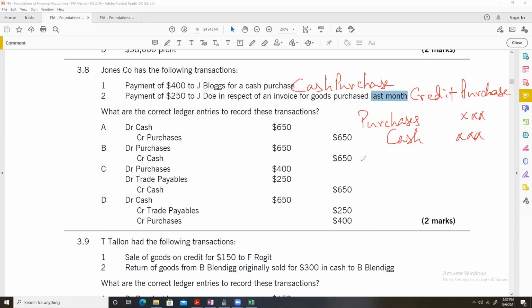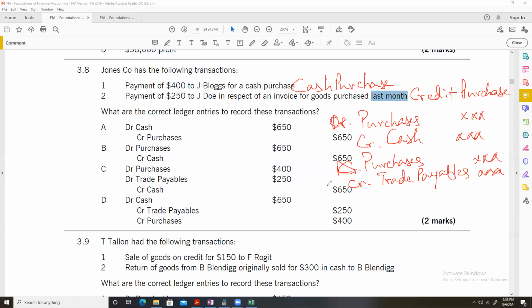And when we make a credit purchase, we record the double entry as purchases debit and trade payables or accounts payable credit.